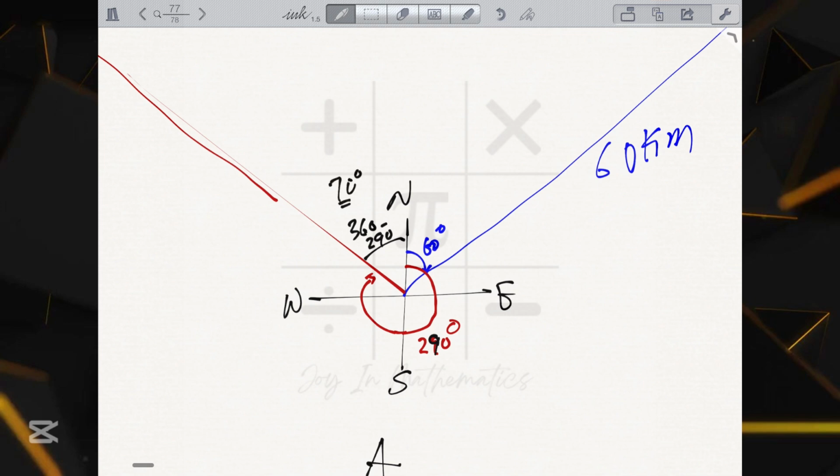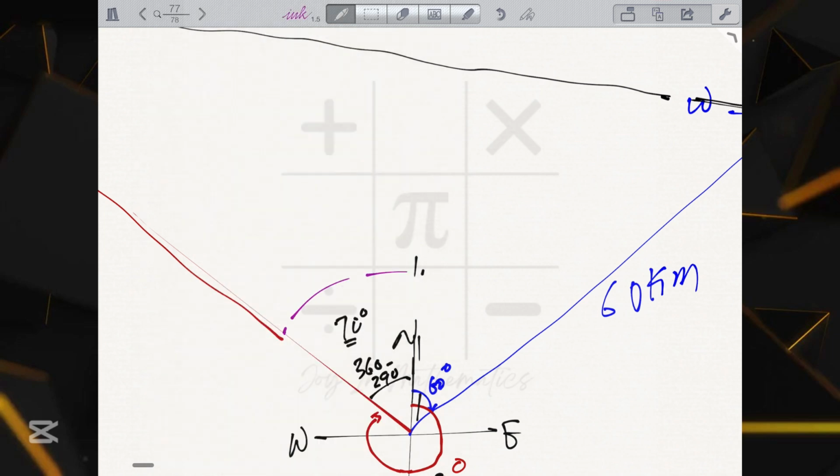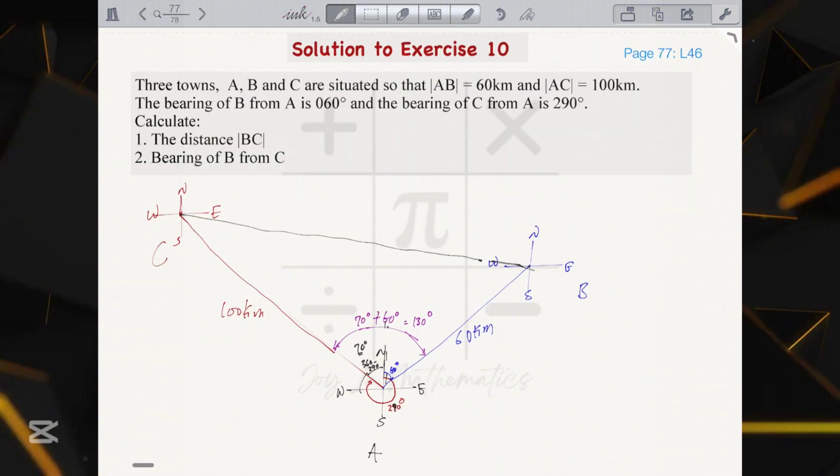So the total angle here, we call it 70 plus 60 degrees, which will be equal to 130 degrees.